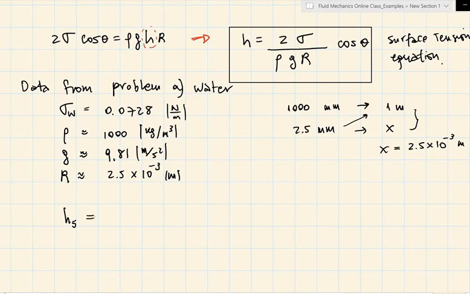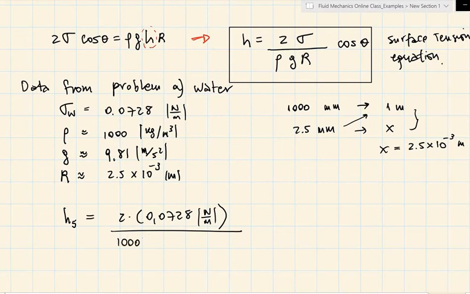The height for a diameter of 5 millimeters, if we follow the equation above, is 2 times sigma, which is 0.0728 newtons per meter, divided by rho g r.